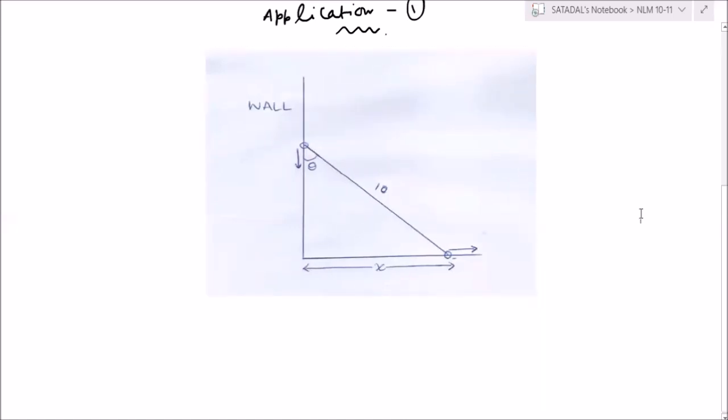Right. So in this case, you check there are two vertical walls which are perpendicular to each other. This is one, and there is another one like this. There are two beads. One bead is here, this is A. There is another bead which is over here. This is B.